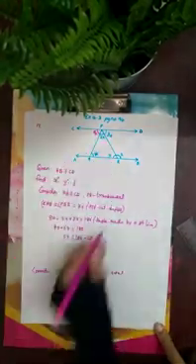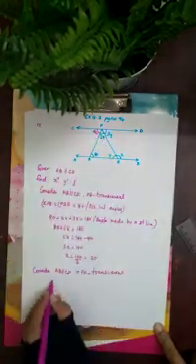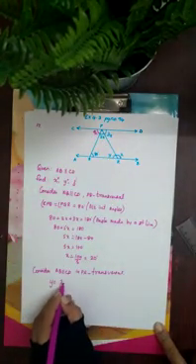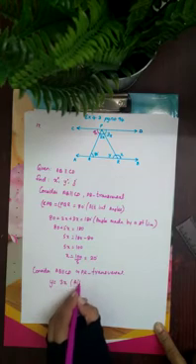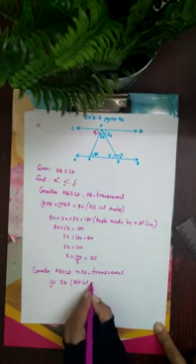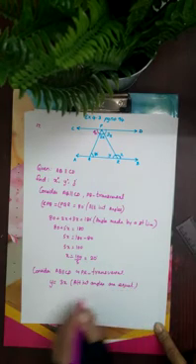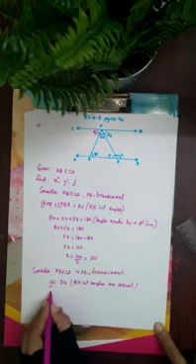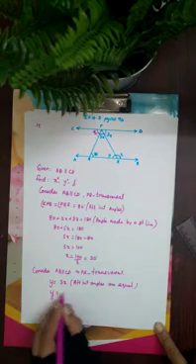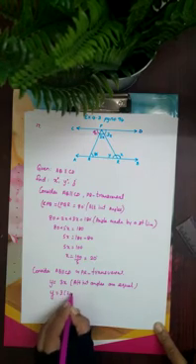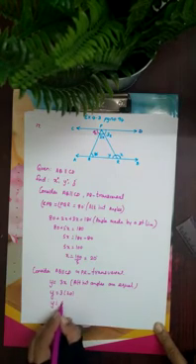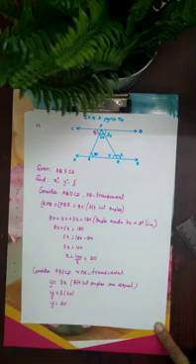Yes? Because alternate interior angles. Let me say y is equal to 3x. What is the reason? Alternate interior angles are equal. So, we can find the value of y because we have already found the value of x. 3 into 20. So, y is equal to 60 degrees. We got the value of y.